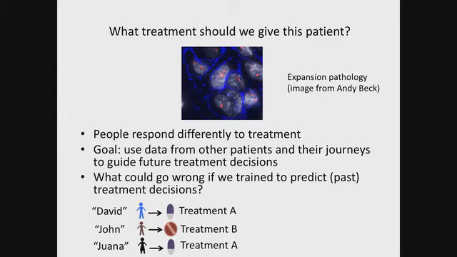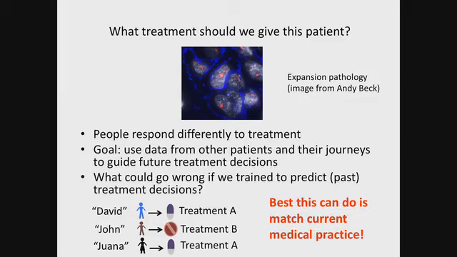And if you just learned a model to predict from what you know about David, the treatment that David is likely to get, then the best that you could hope to do is to do as well as existing clinical practice. So if we want to go beyond current clinical practice, for example, to recognize that there is heterogeneity in treatment response, then we have to somehow change the question that we're asking.